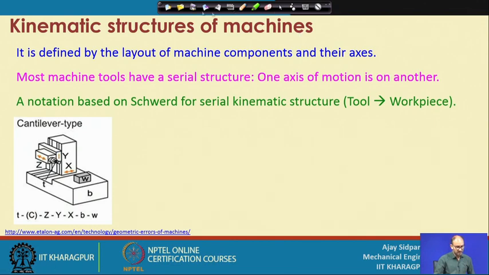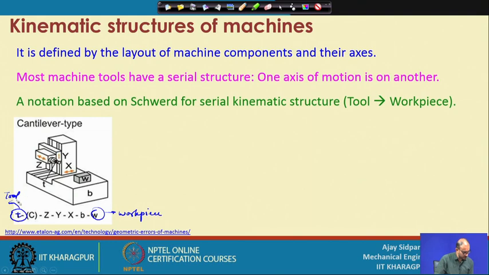Here some of the notations are given. T belongs to the tool and W is the workpiece. Whatever is in between these two are the different motions which are coupled with each other. Now, T is located here.